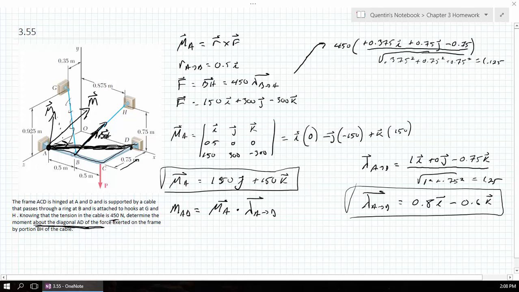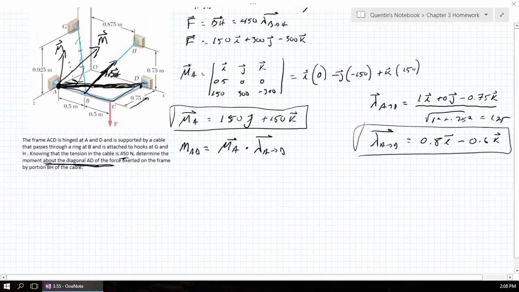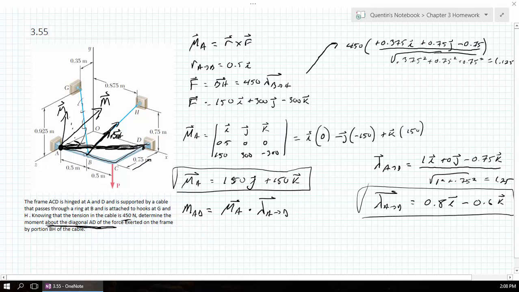Anyways, I'm going to say the dot product, the moment of A dotted against lambda A to D. Actually, I'm going to do 0 in the I plus 150 in the J plus 150 in the K. And here I have 0.8 in the I and 0 in the J and minus 0.6 in the K.